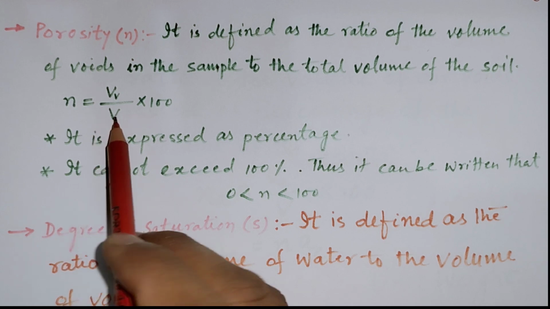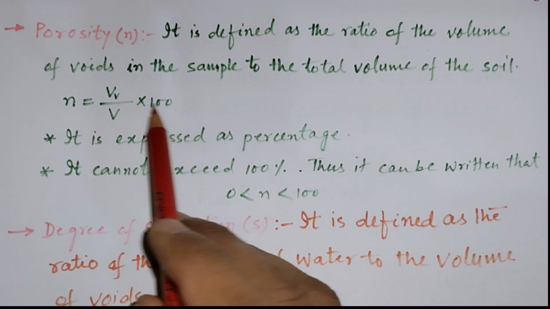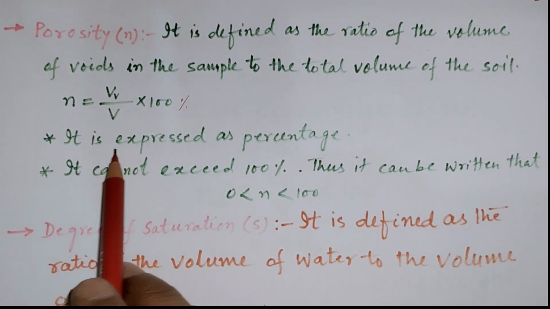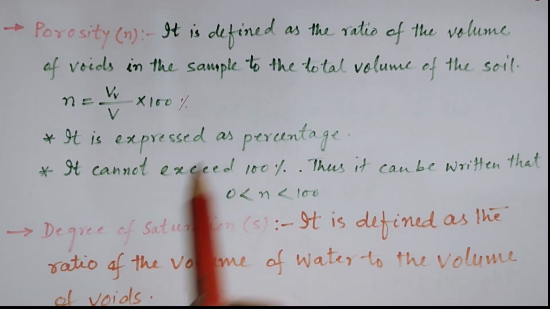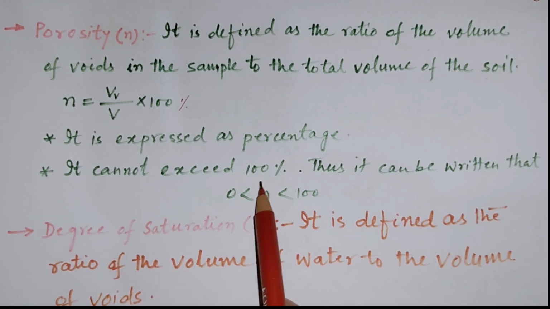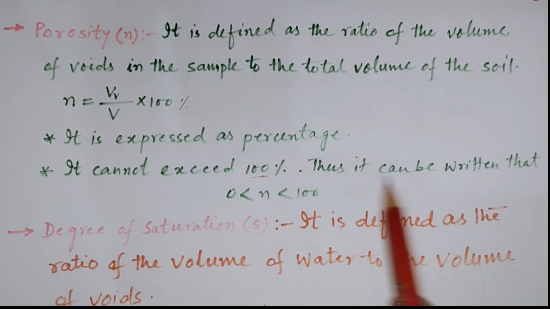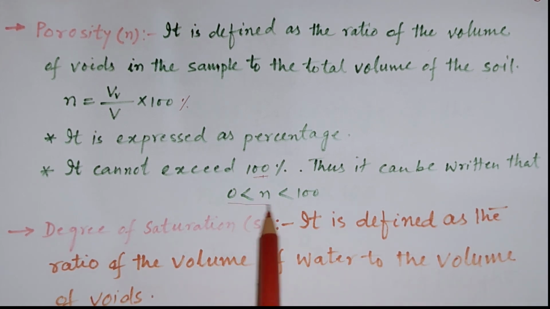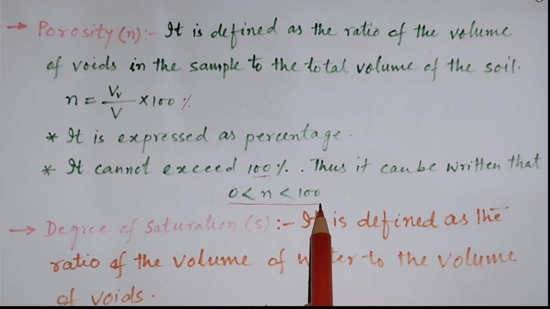It is also expressed in percentage, so multiplied by 100%. It cannot exceed 100%. Remember, porosity cannot exceed 100%. Thus, it can be written that porosity varies from 0 to 100.